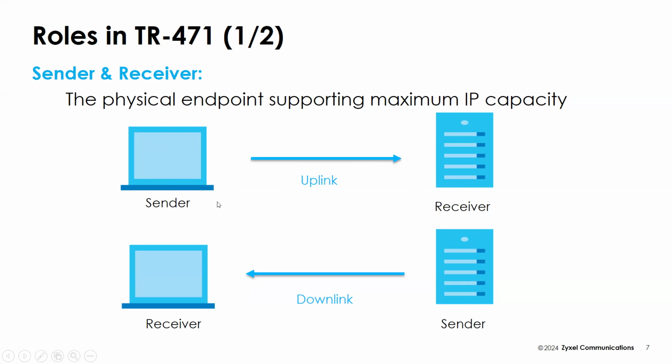If we want to perform a downstream test, our PC will act as a receiver. Once the test is finished, the receiver will calculate the result and display it to the sender.